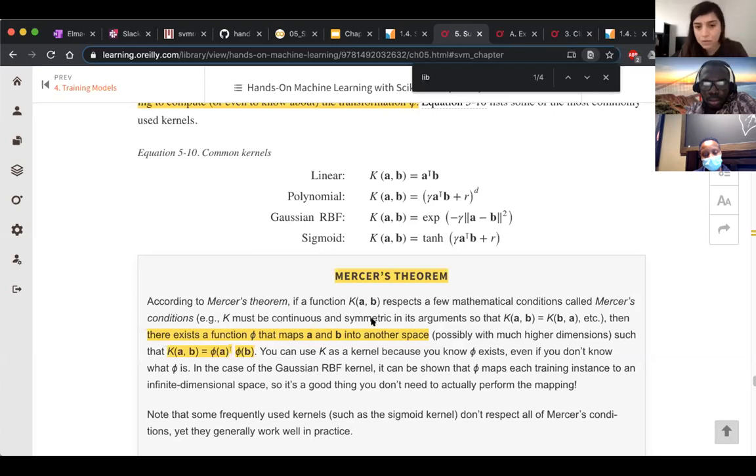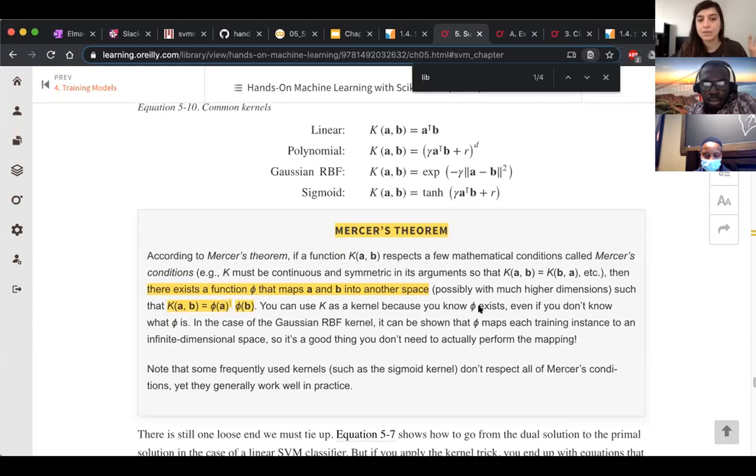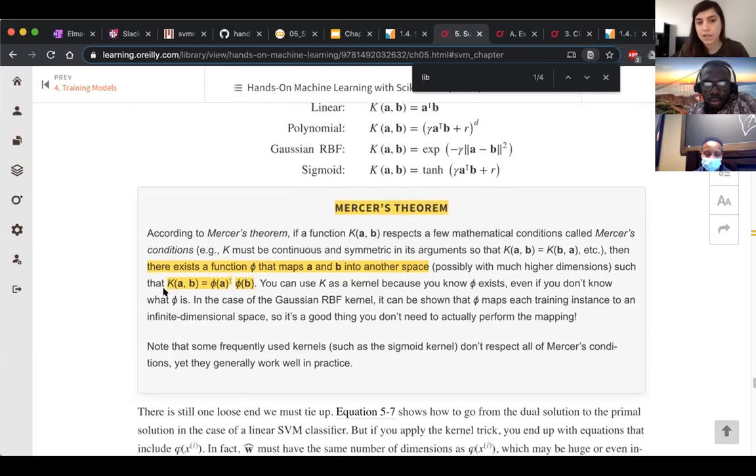I'm not sure what these are, but if those criteria are met, we can find a function whose dot product of our transformation will end up with the same features that we began with. So we're not doing the actual work. We're just doing the kernel trick, and that function is the kernel itself.